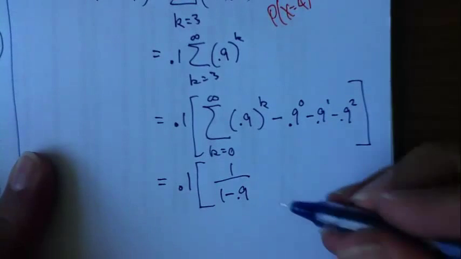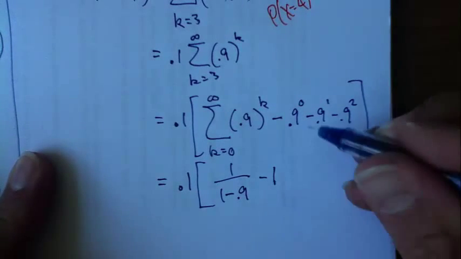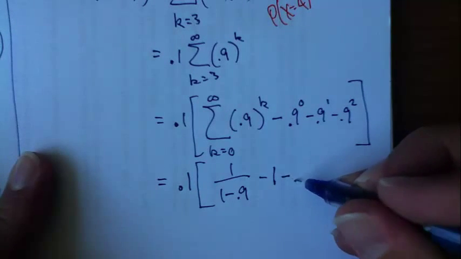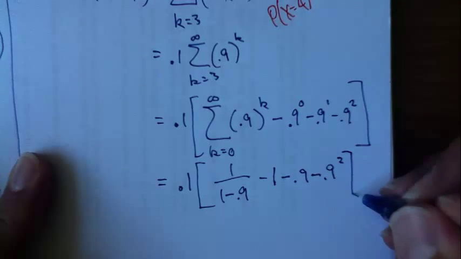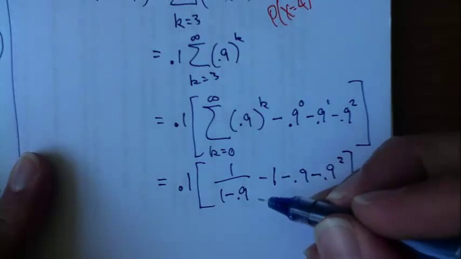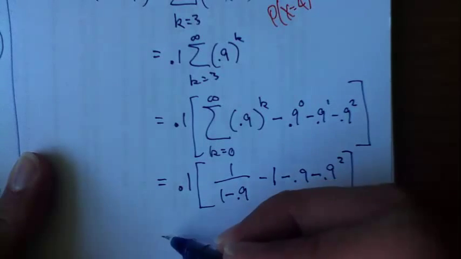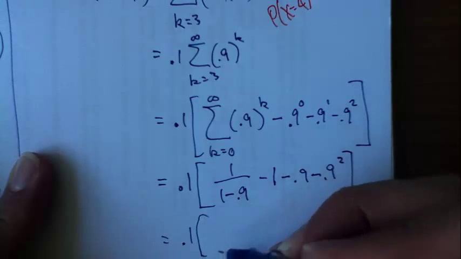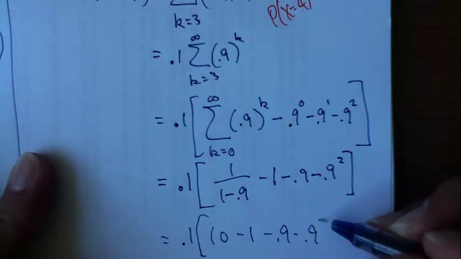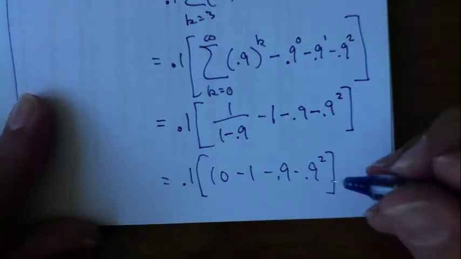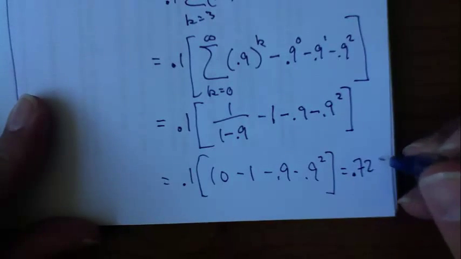And then minus 0.9 to the 0 is 1, minus 0.9, minus 0.9 squared. And all of this is 10, so it's 0.1 times 10 minus 1 minus 0.9 minus 0.9 squared. All this should come out to be 0.729. Yeah, very good.